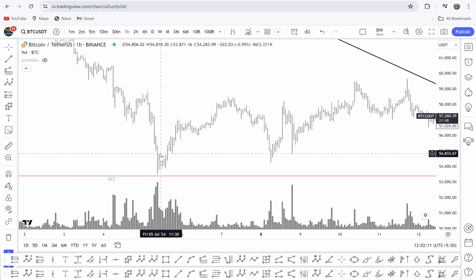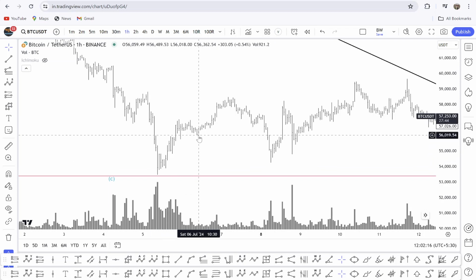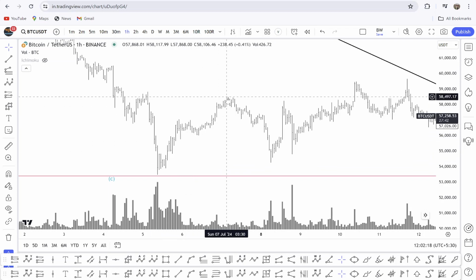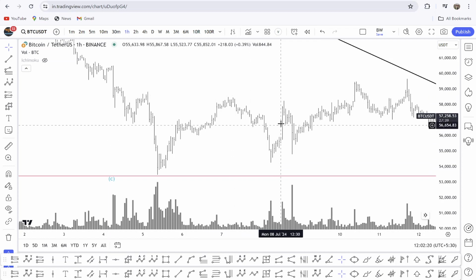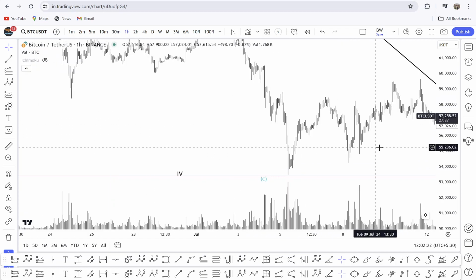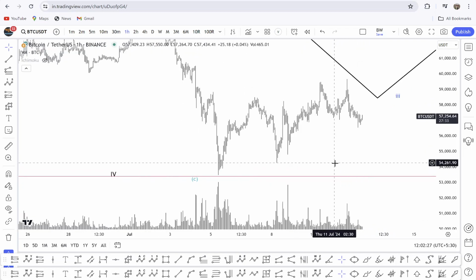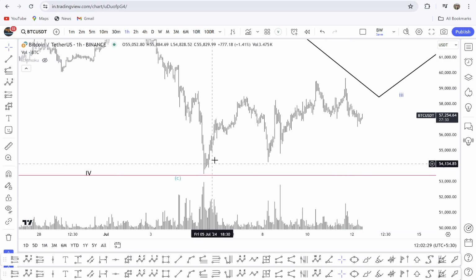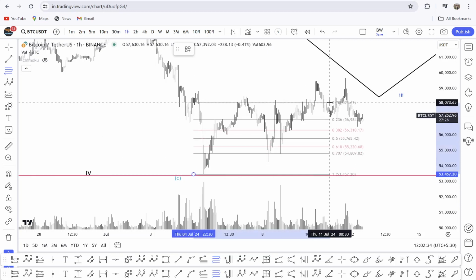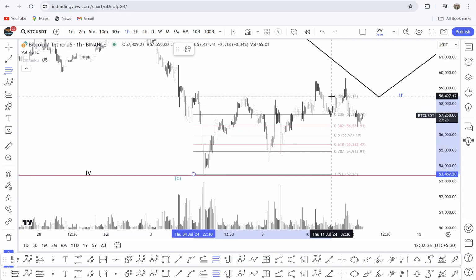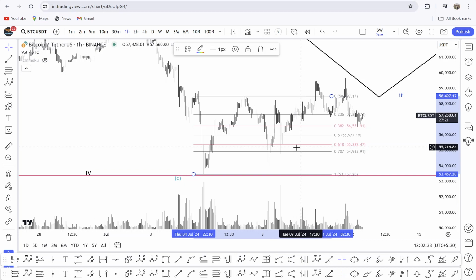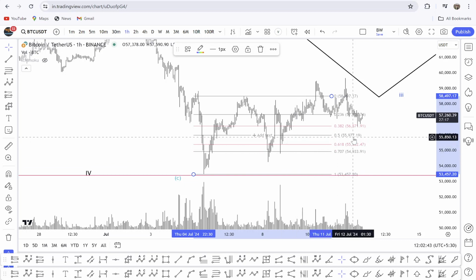See, this is the wave 1, 2, 3, 4, and 5. Then correction like this, A, B, C. 1, 2. Correction. It's the deep correction. It will go between 70 to 61.8 percent.